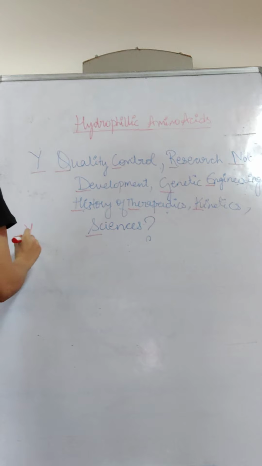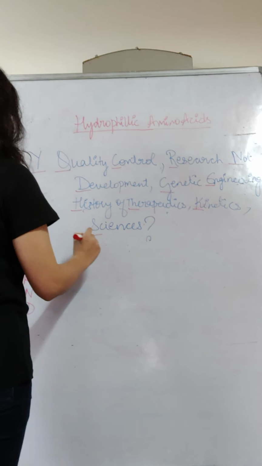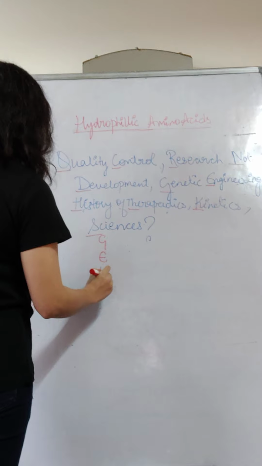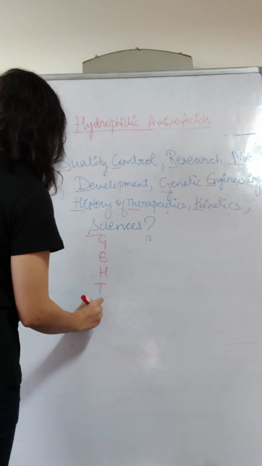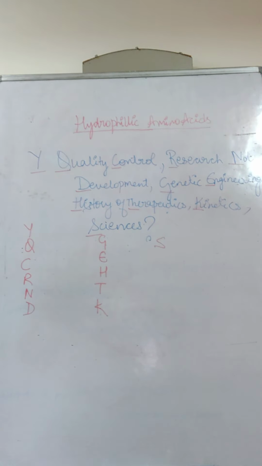Y, Q, C, R, N, D. Then we have G, E, H, T, K and S. Correct? There are 12, okay? 12 hydrophilic amino acids you have.